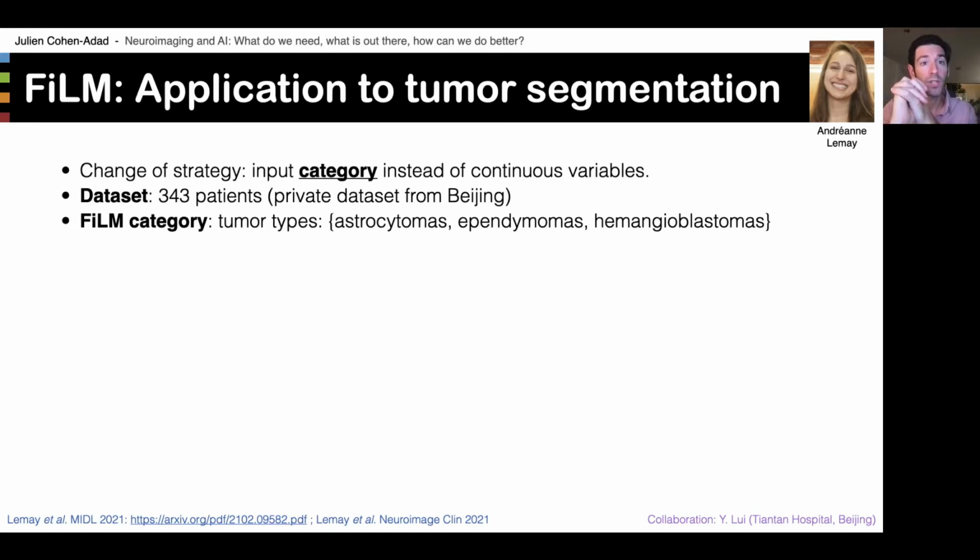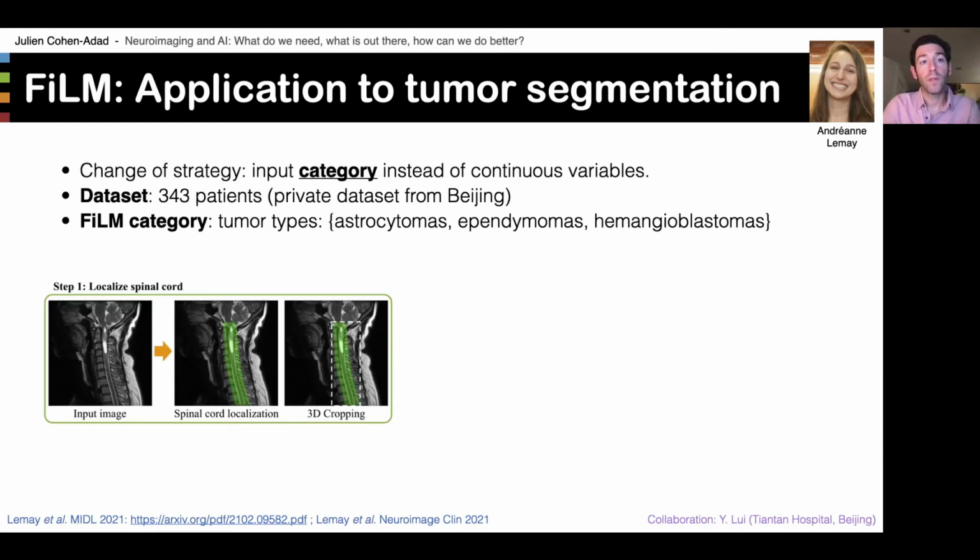And our test bench was a spinal tumor dataset from a collaborator in Beijing, Dr. Yao Liu. And this dataset consists of 343 patients with 3 different types of tumor. Each tumor type has a very distinctive signature on the MRI in terms of signal intensity, size, presence of edema, and cavity.